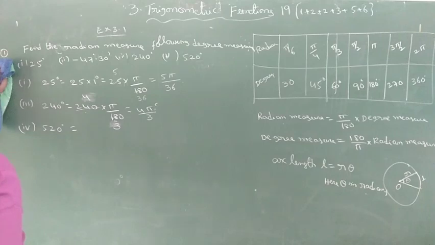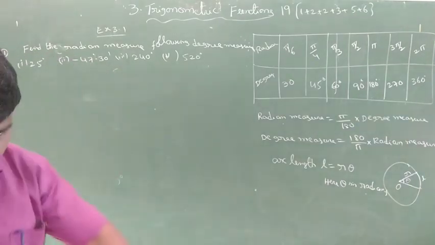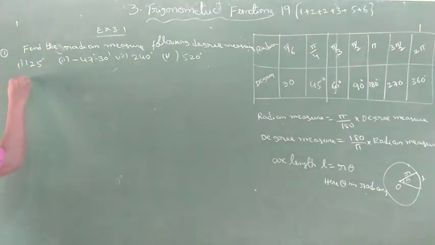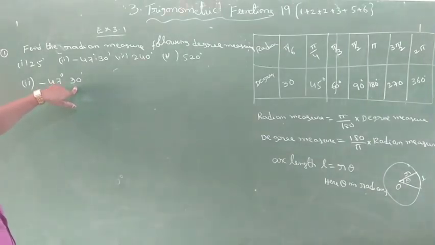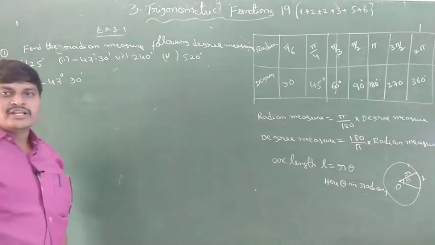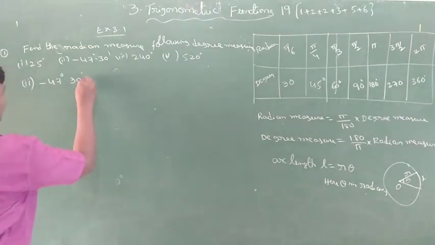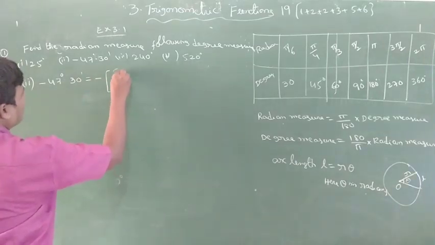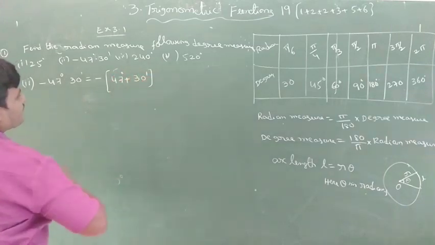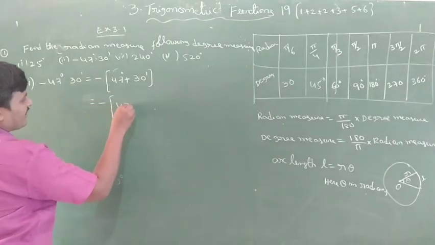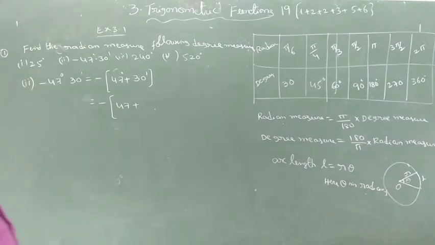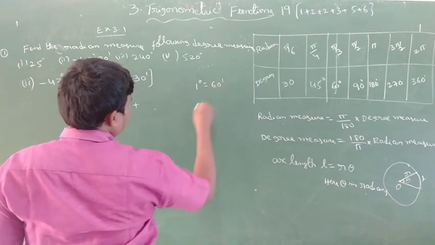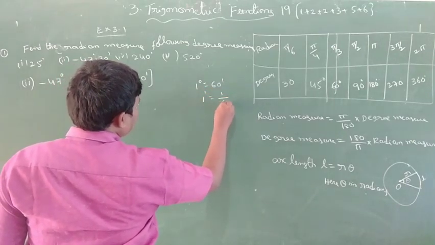So listen carefully. The second problem: minus 47 degrees 30 minutes, that is minus 47.5 degrees. 1 degree is equal to 60 minutes. So the total in brackets is minus, 47 degrees plus 30 minutes. 1 degree is equal to 60 minutes, so 1 minute is equal to 1 by 60 degrees.